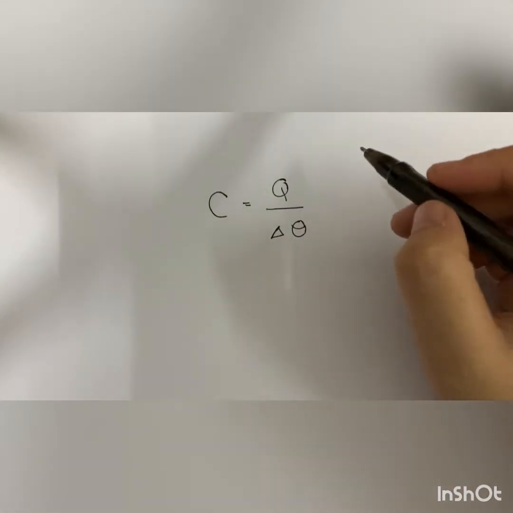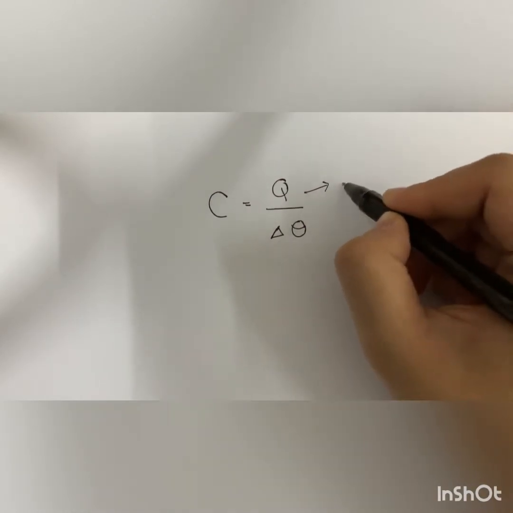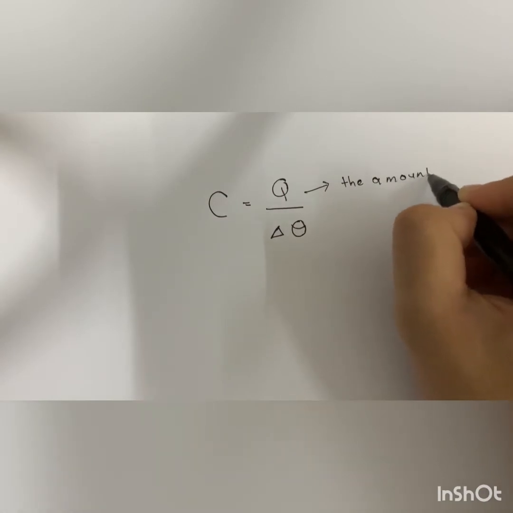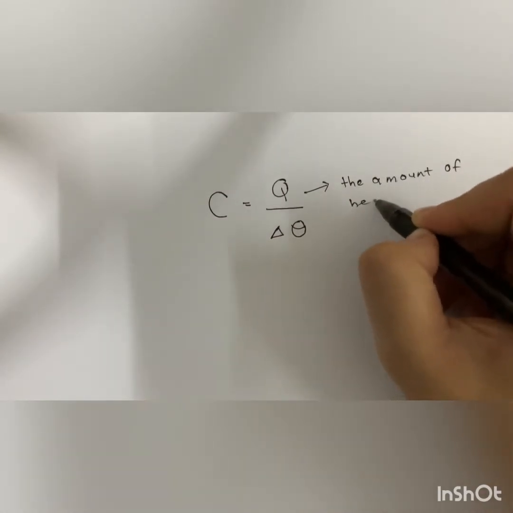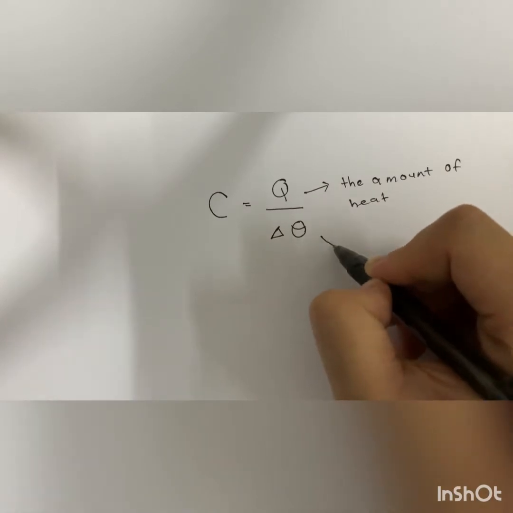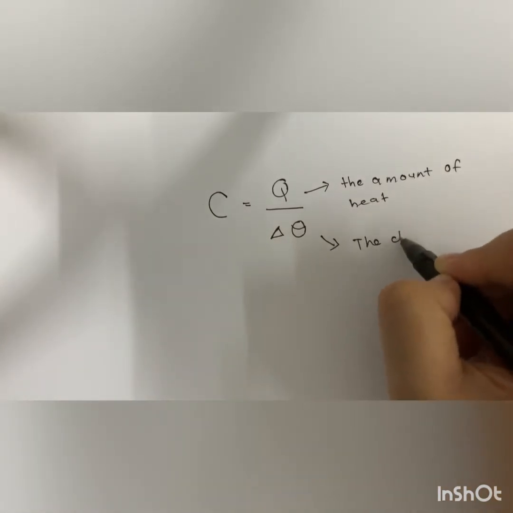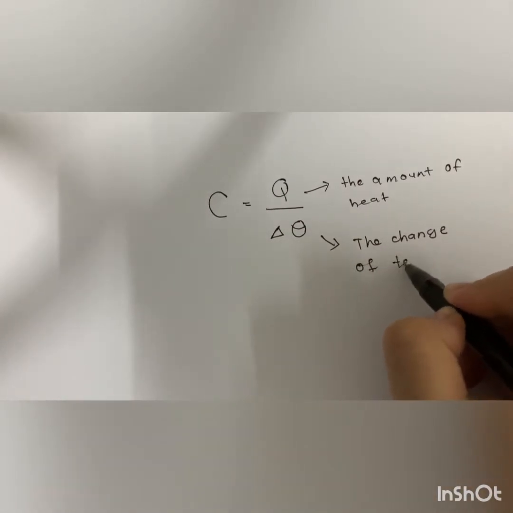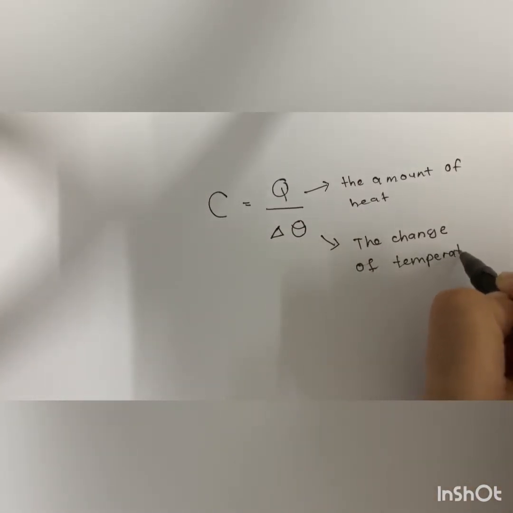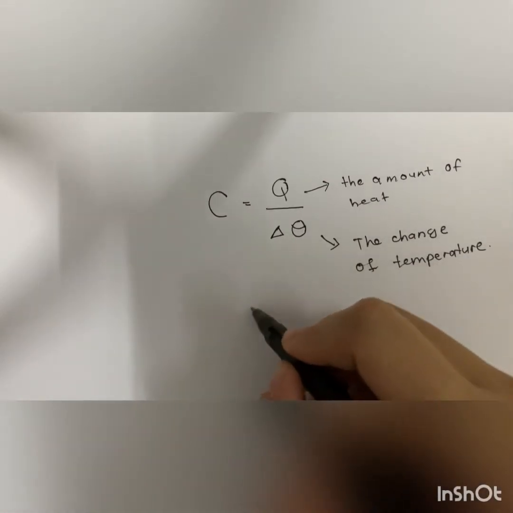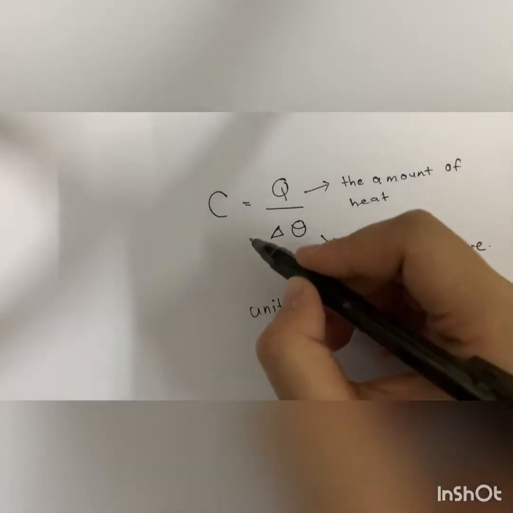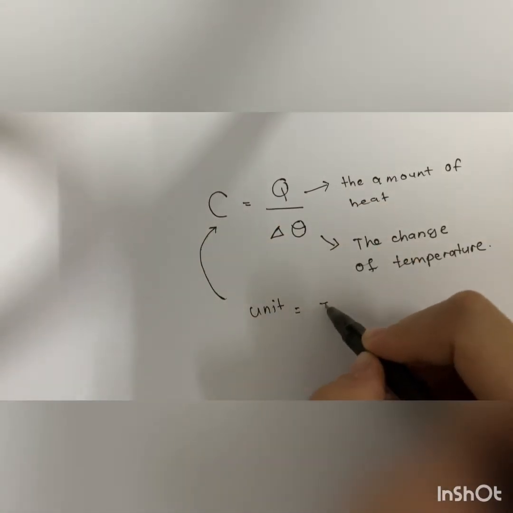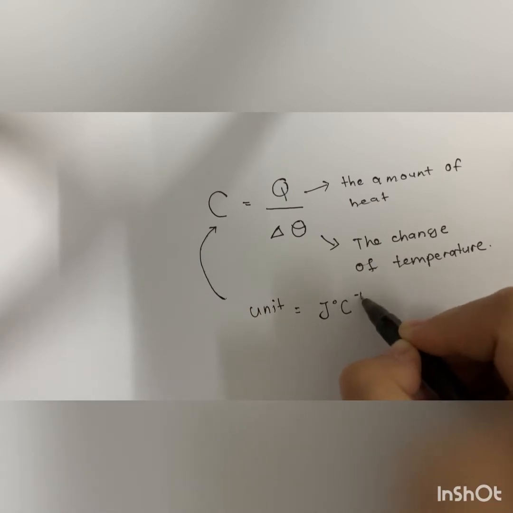Q is the amount of heat, and delta theta is the change of temperature. And the unit for this is J °C⁻¹.